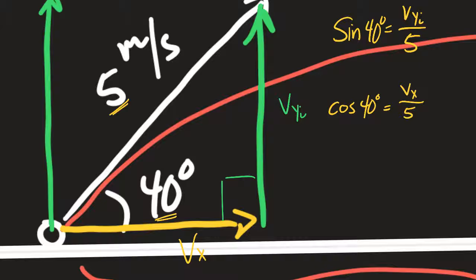And now, if I want, and I do, Vy initial is 5 sine 40. And Vx is 5 cosine 40.